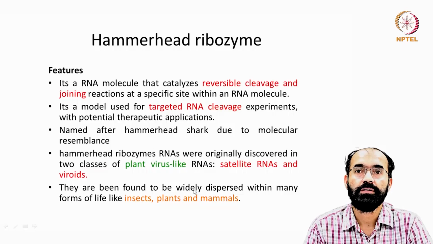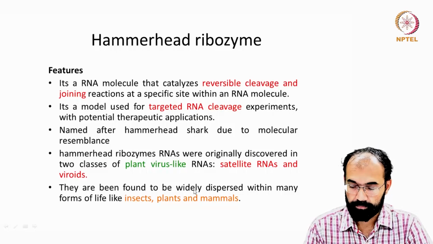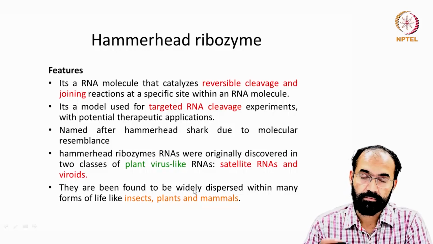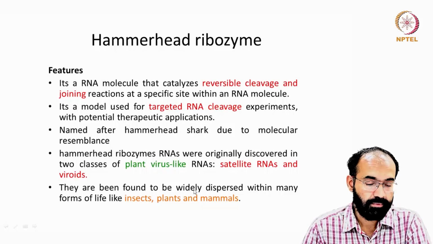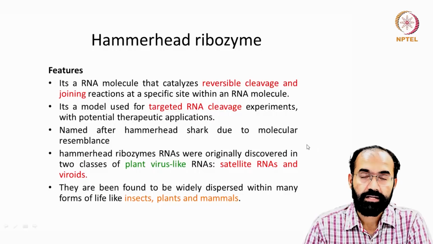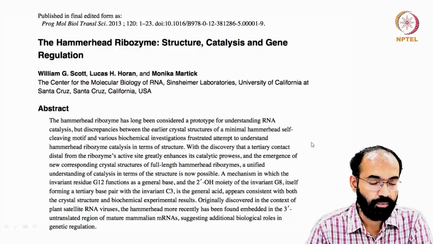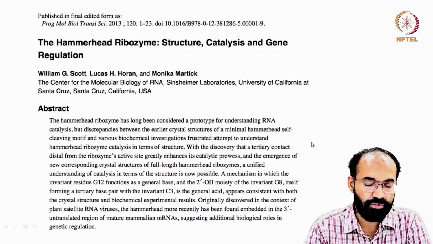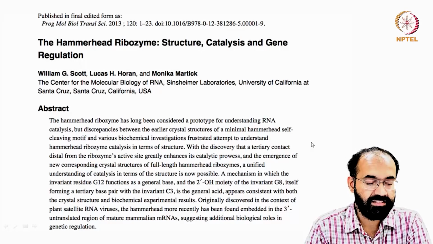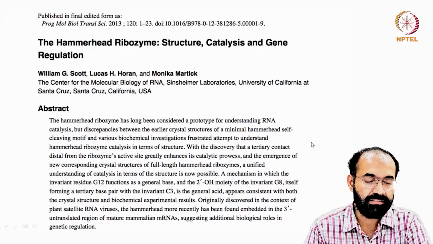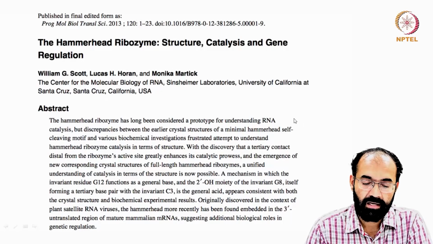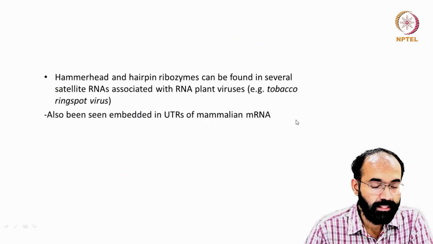So it is not restricted to just plants. They are seen in other animals also. You can see more detail about the hammerhead ribozyme structure, its catalysis and gene regulation in this article. Those who are interested can read more about this hammerhead ribozyme.